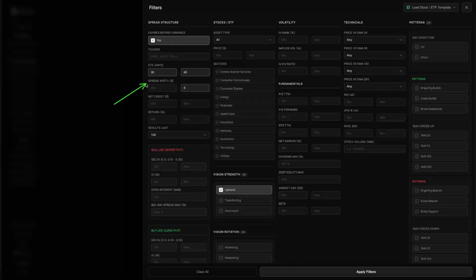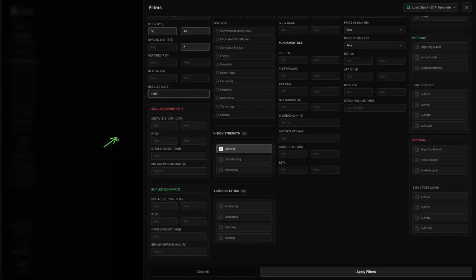Then for the spread width, I set it to 5 points. This means it will only look for combinations in the put credit spread that have 5 points, or $5, of distance between the sale and the purchase of the put. Now, one of the most important parts is to select which delta we need the system to look for to sell this put credit spread.